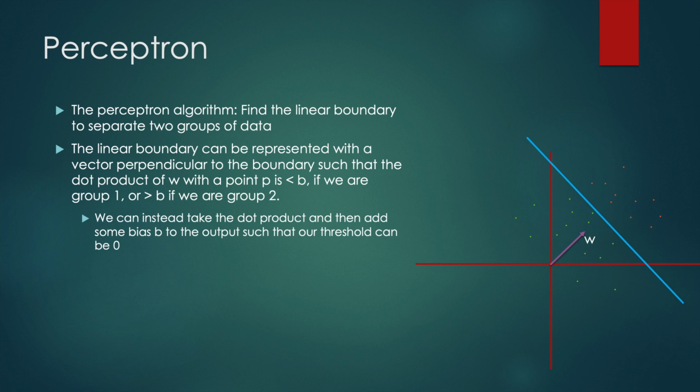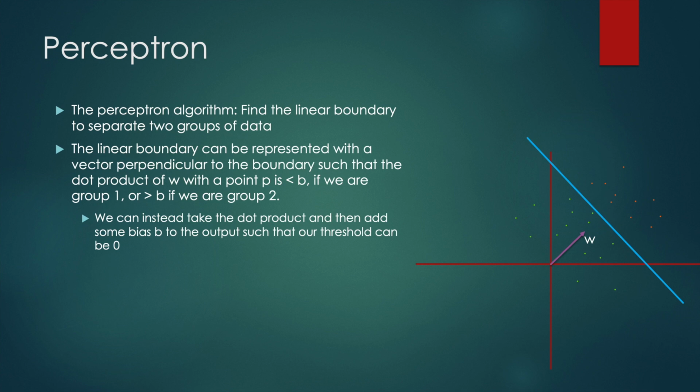We can also instead take the dot product and then add some bias to remove the threshold and make it 0. So in this case, we add a bias so that if the dot product plus the bias is greater than 0, we're in the orange group, or less than 0, we're in the green group.